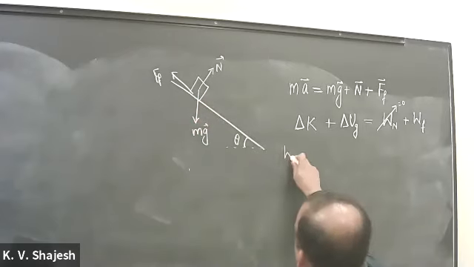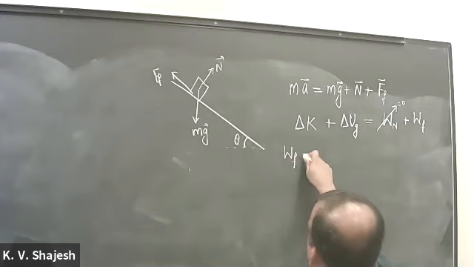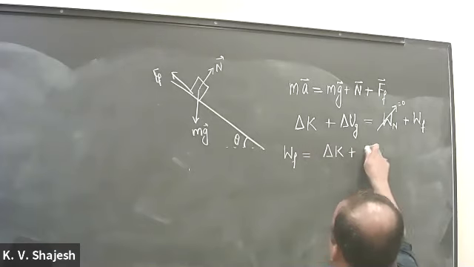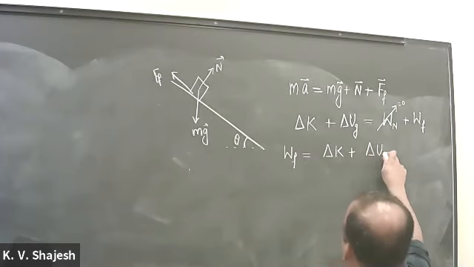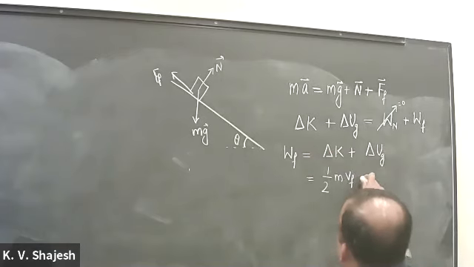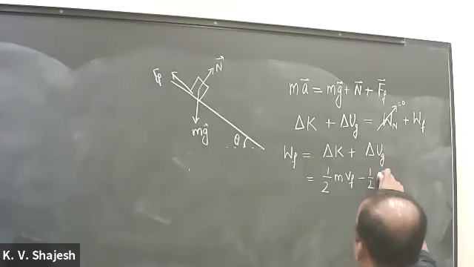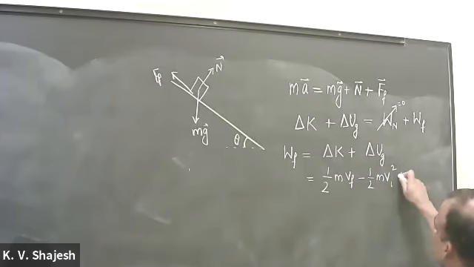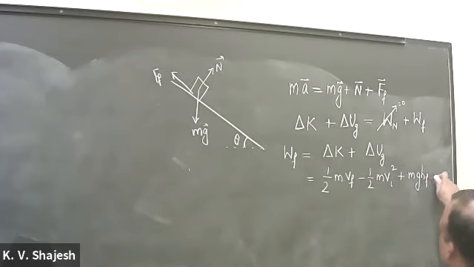So the work done by the force of friction is equal to the change in kinetic energy plus the change in potential energy due to gravity. That's half m v final squared minus half m v initial squared, plus mg h final minus mg h initial.